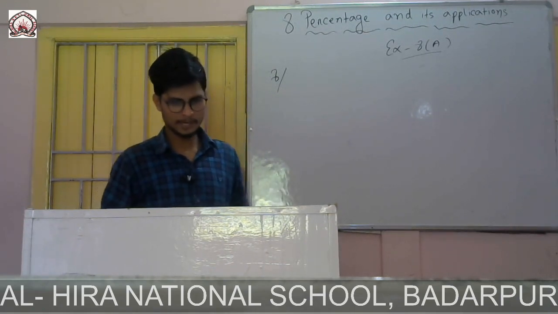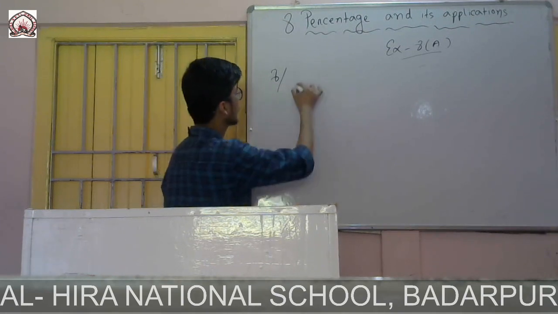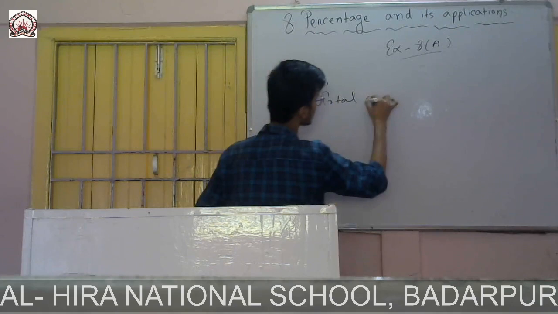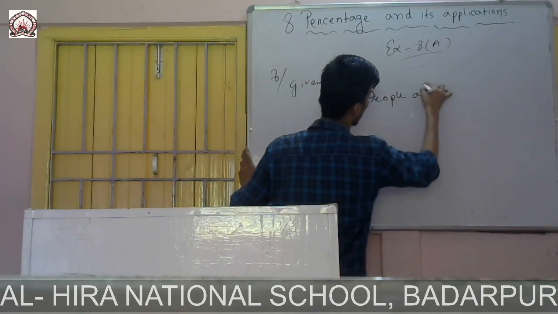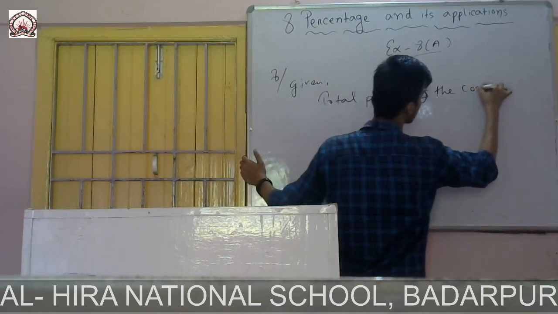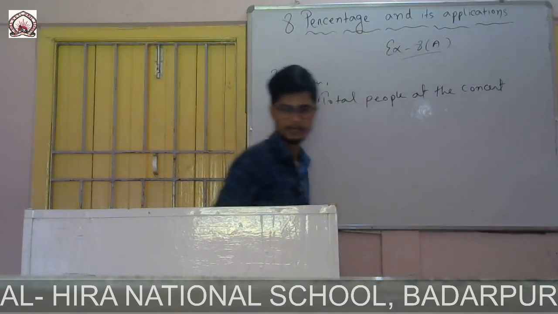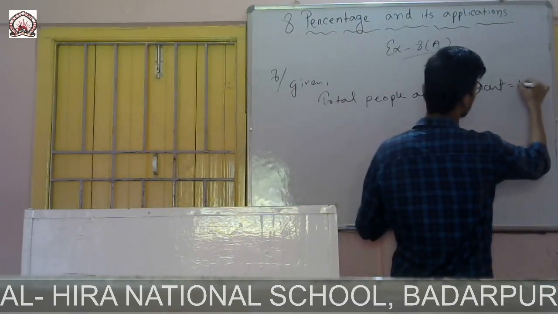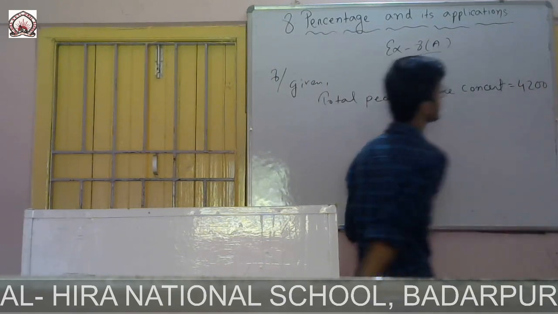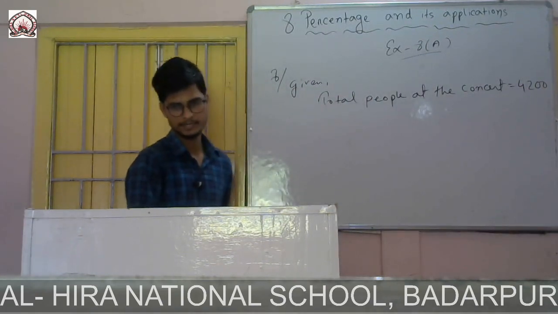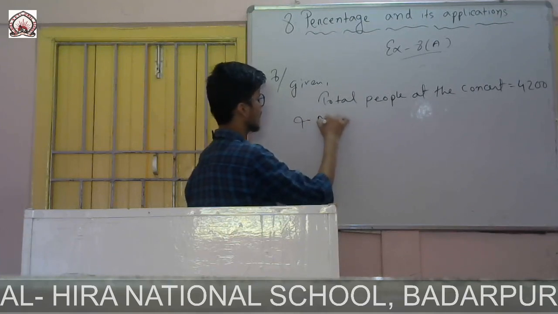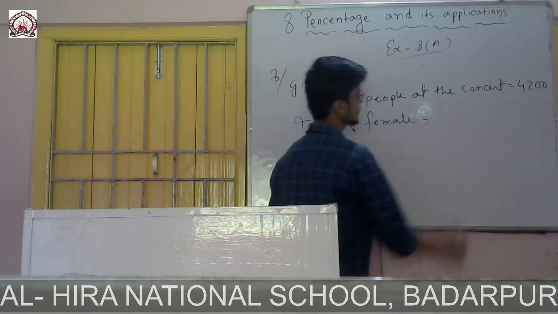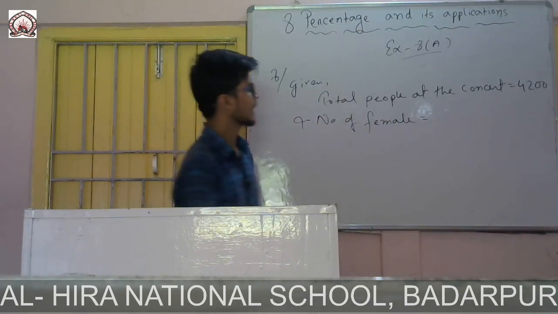So how many total people are given? You write: given, total people at the concert is equal to 4,200, and the number of female is given as 1,400.